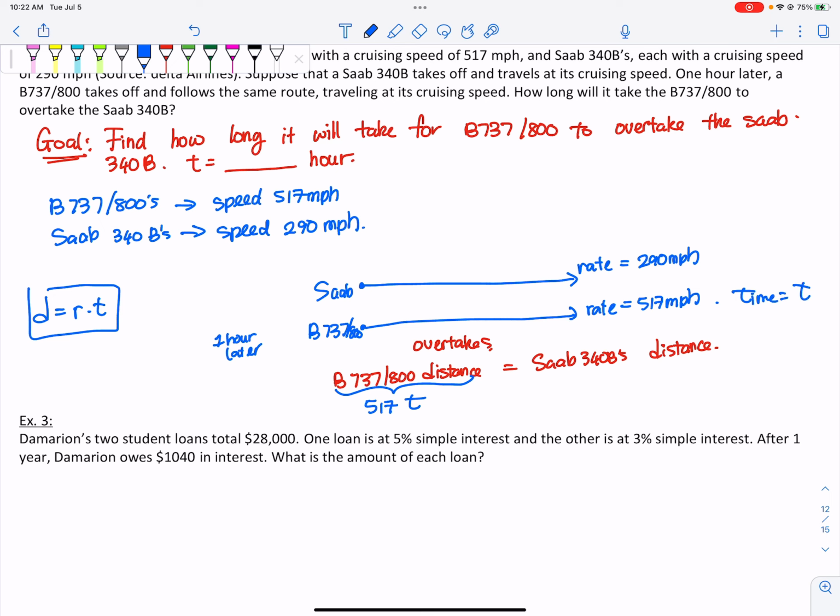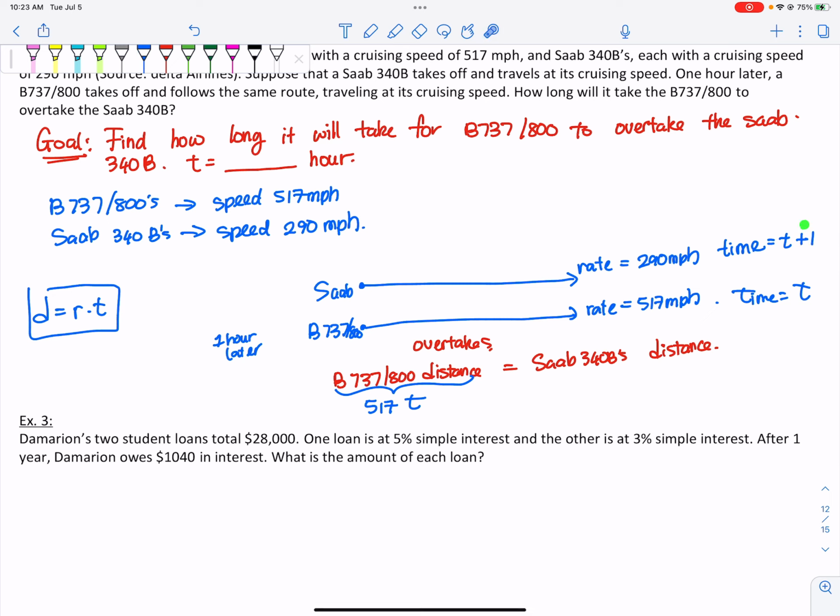Now for Saab, we cannot use t because the time for Saab and the time for B737 are different. We know that because B737 takes off 1 hour later, that means Saab has been traveling for an extra hour. So the time for Saab is going to be t plus 1.